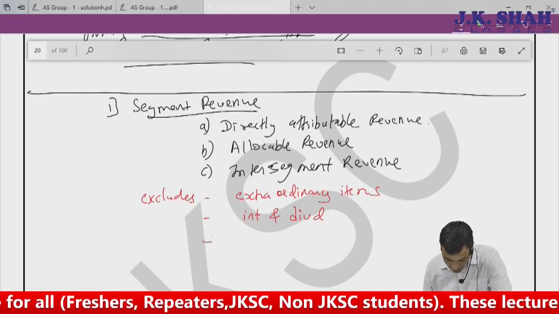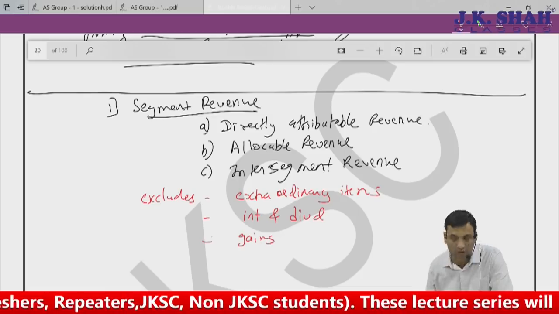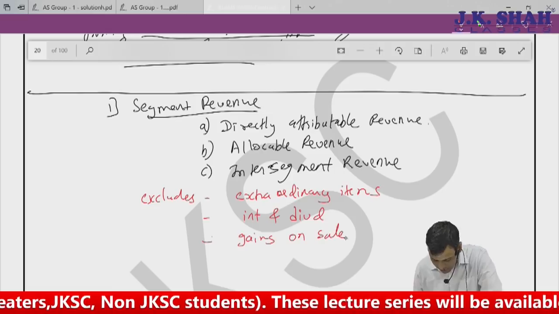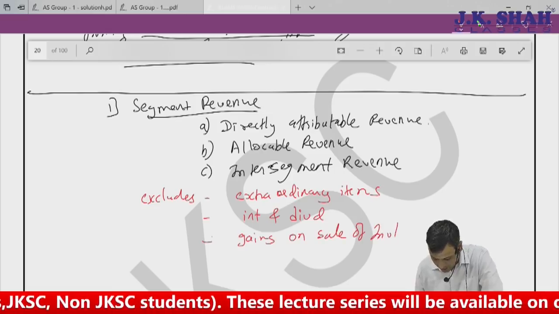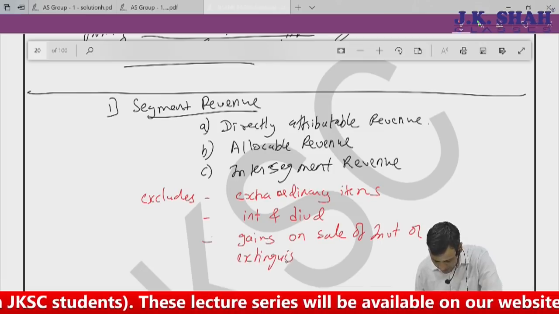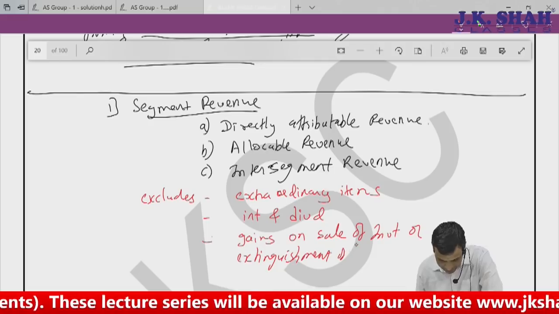Similarly, one more thing is not included, and that is gains. That is, profit made, gains on sale of investment or extinguishment of a liability.